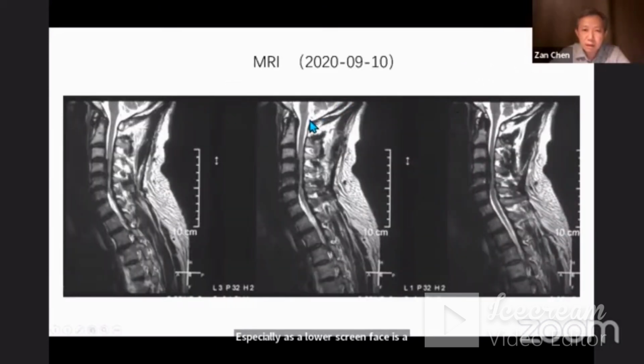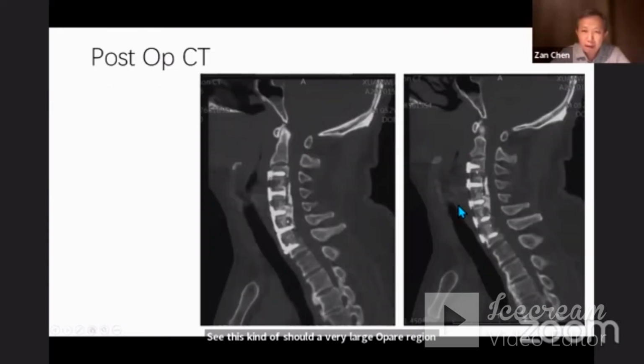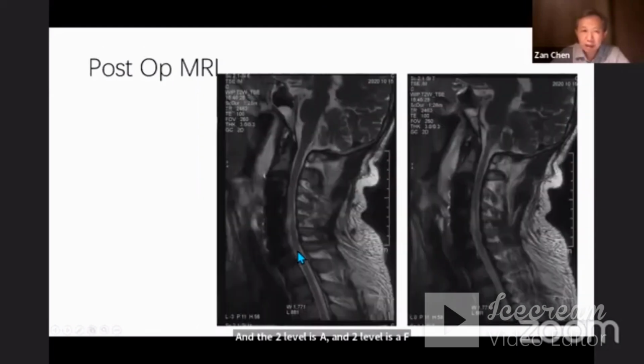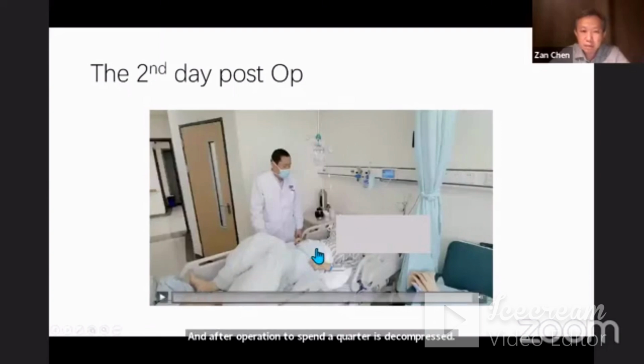MRI showed a very severe compression of the spinal cord. CT scan showed a very large OPLL lesion. And we did the operation emergently for this patient, a 3-level ACCF. After operation, the spinal cord is decompressed, and the patient's symptoms were relieved on the 2nd day after operation.